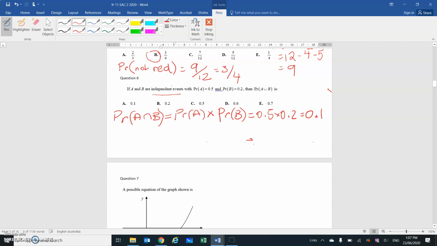But that is not A union B, that is A intersection B. So you still need to find probability of A union B.